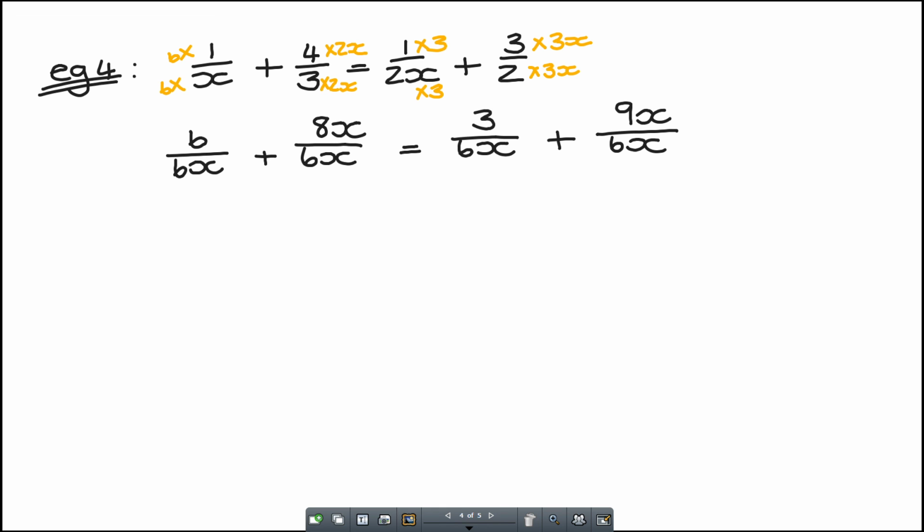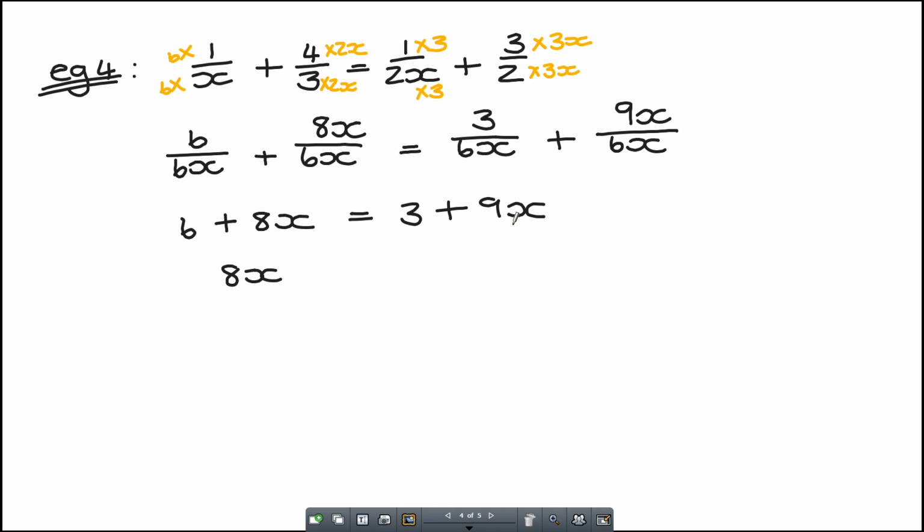Okay, let me hear. Any questions up until there? Now that I have my denominator the same for all of them, I can basically scratch that and only look at what's written at the top. So I will have 6 plus 8x is equal to 3 plus 9x. Okay, now we take unknowns to the left.